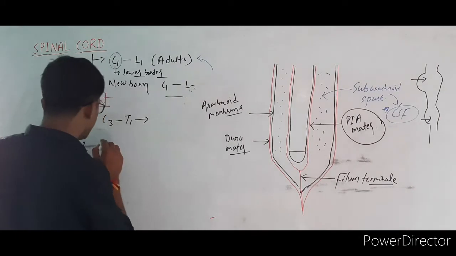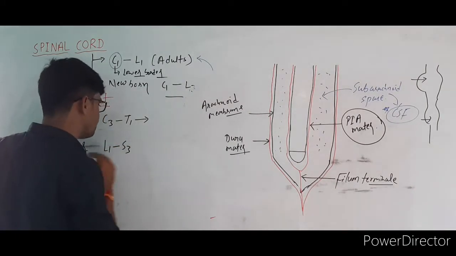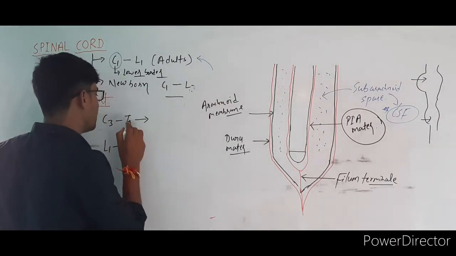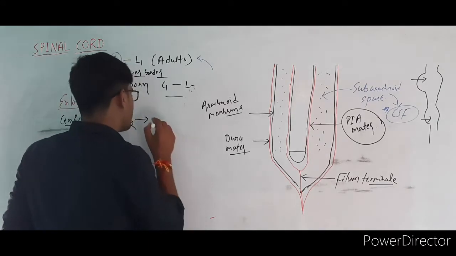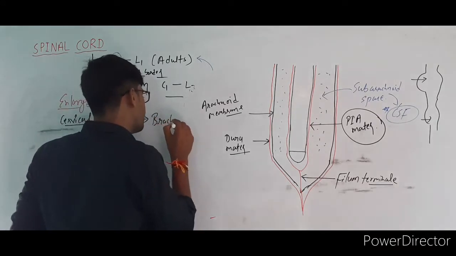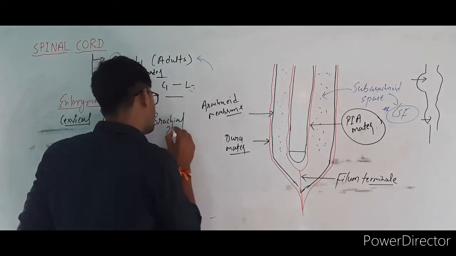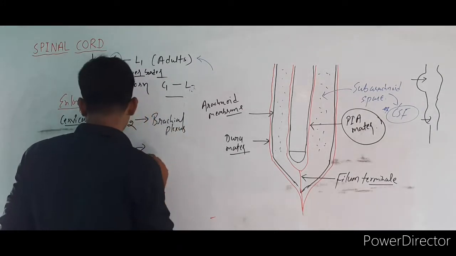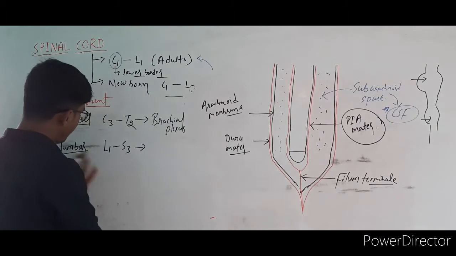In the lumbar it is L1 to S3. Here it is up to T2. So it's giving the brachial plexus, and here the lumbar plexus, right? Yes.